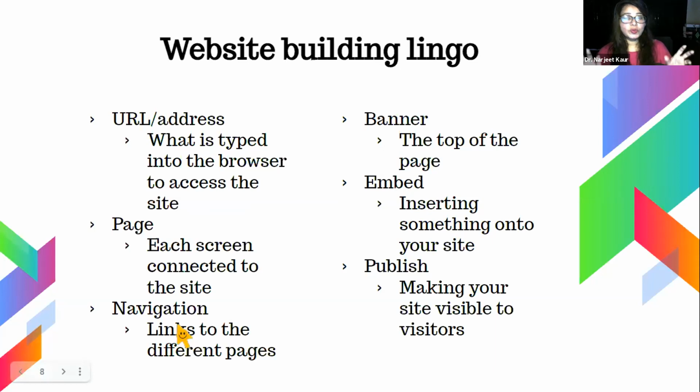Now, while we are going to talk about Google Sites, I will be using these terms very frequently for the next 1.5 hours. One is URL, which is a universal resource link or the address. This is typed into the browser to access the site. The browser is Chrome, or we call it the navigation browser, where you write what you want to search for.